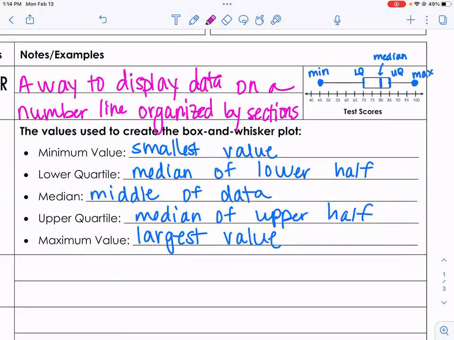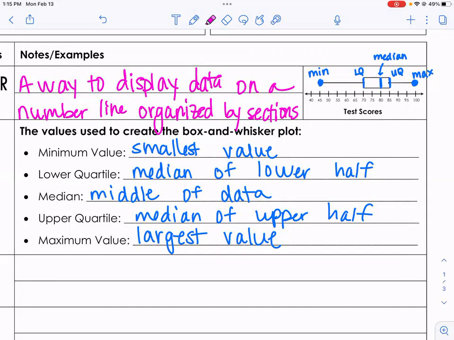Now Avery, think about that. The lower quartile is the median of the lower half. Interpret to me what that means. What does median mean? Like the average in the middle. Okay, just the middle. So median of the lower half means we're taking the lower half of the data and finding the middle.